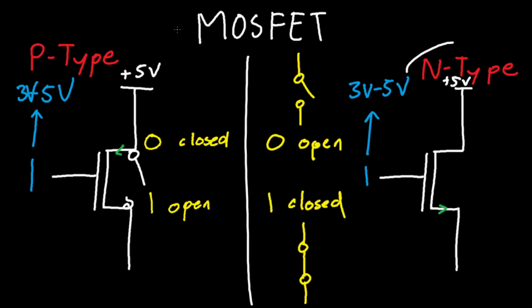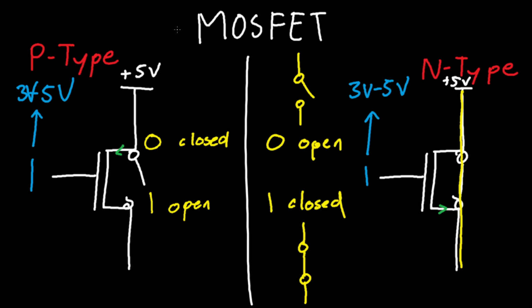And when you have 1 for an N-type, you have a closed switch. Now keep in mind the drawings I'm drawing aren't actually part of the circuit. I'm just drawing it to help you visualize what a switch would look like. But since it has a closed switch, oh, looky here. This 5 volts has a direct path to flow to the output, so that means there's current going through the output.